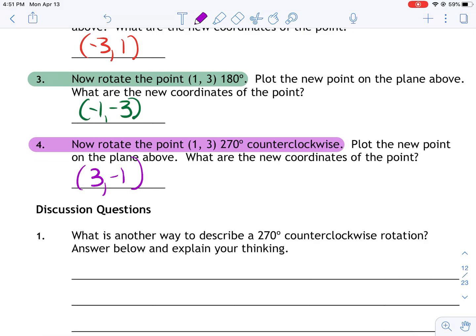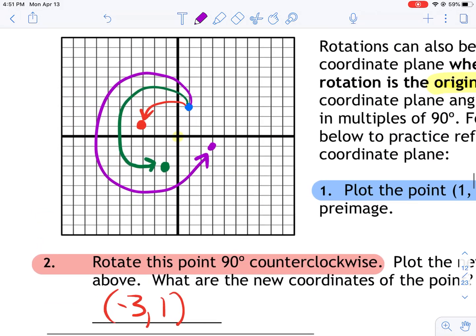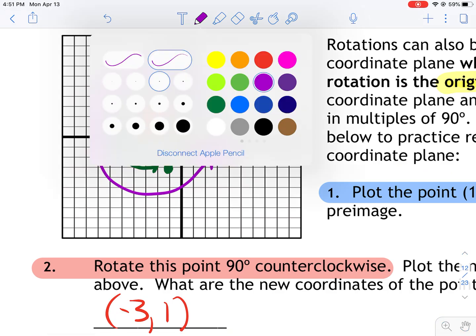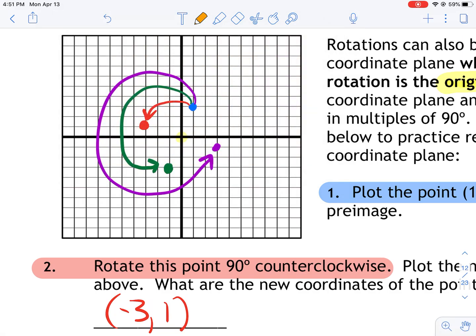All right, looking at these discussion questions here. Okay, is there another way to describe a 270 degree counterclockwise rotation? The answer is yes, okay, because if I go up here to the plane again, instead of going 270 counterclockwise, I could have gone 90 clockwise.